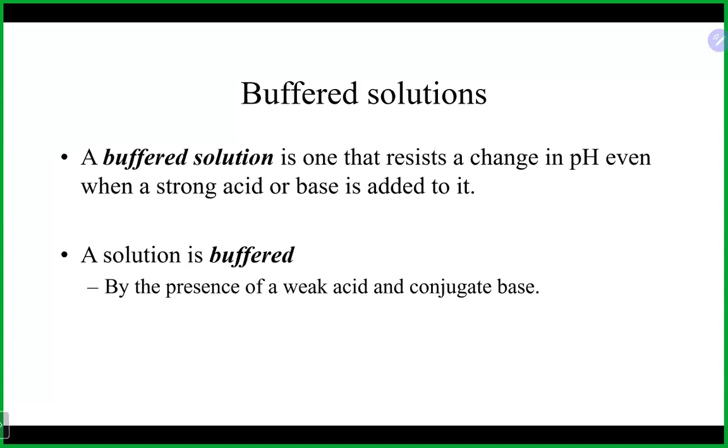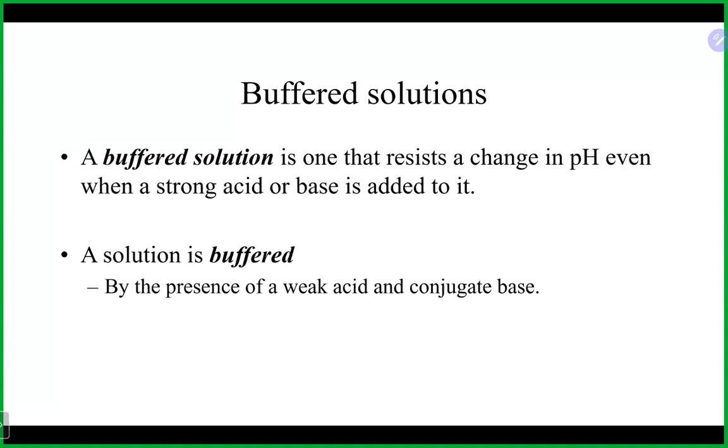What it really is, as I mentioned a second ago, is a solution that has a certain pH, and if you add acid or base to it, it will be able to maintain that pH without really big changes. Will the pH change a little? It will change a little, but you will not get a really big jump or drop in the pH when you add an acid or a base to a buffer solution if it's made correctly.